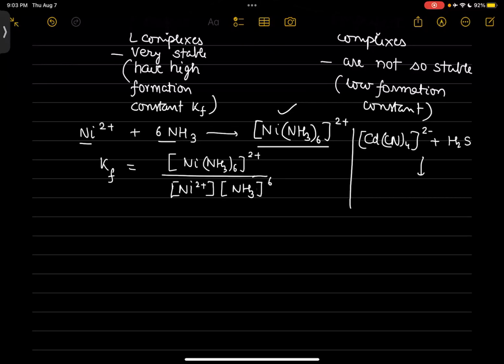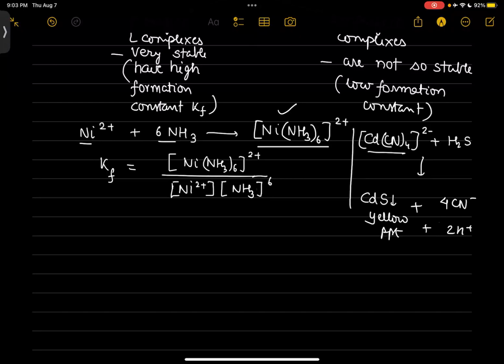You might have used it in your salt analysis in the school practicals. So this is a complex. Ideally it should not break, okay. But with H2S it can split, and the cadmium will form cadmium sulfide, which is a yellow precipitate. And 4CN minus get separated. Got it. And 2H plus.